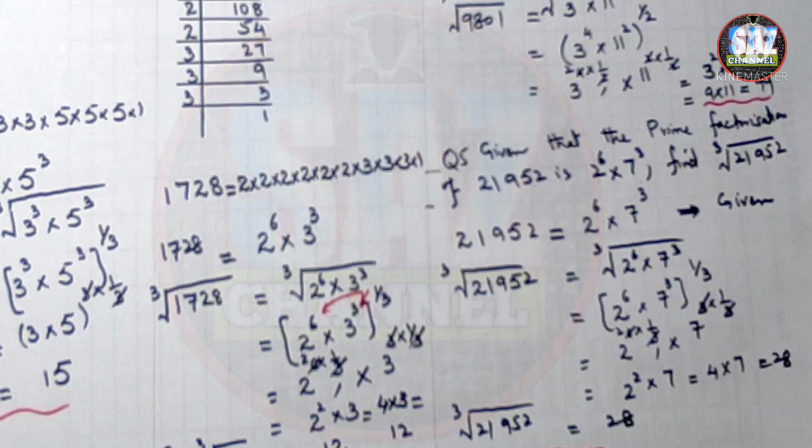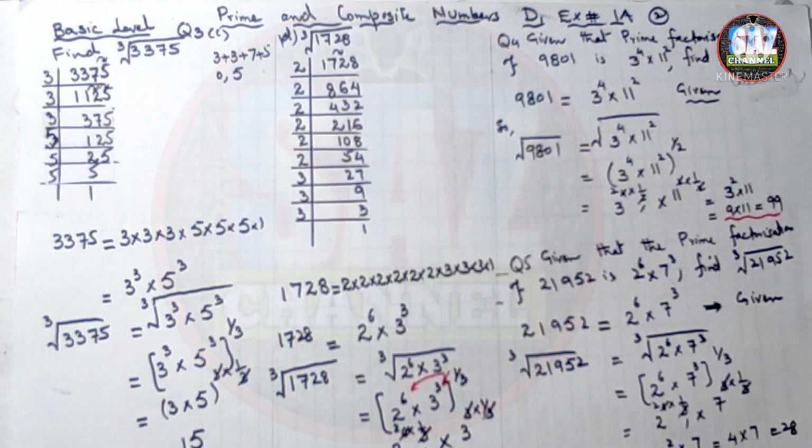For the number to be a perfect square, the index or power of every prime factor must be a multiple of 2, and for the cube root, the index or power of every prime factor must be a multiple of 3. I hope you are clear about today's class. For the next difficulty level, please catch me in the next class.